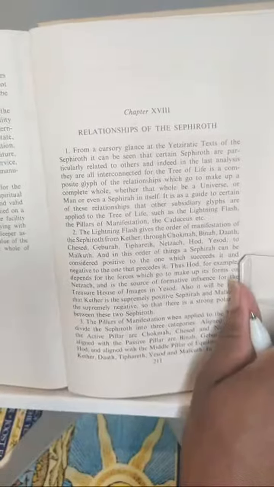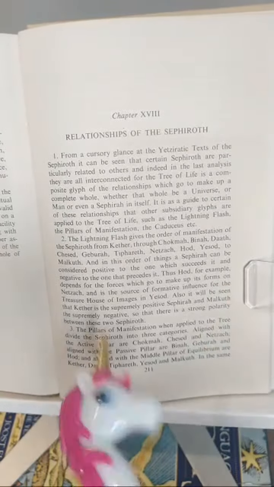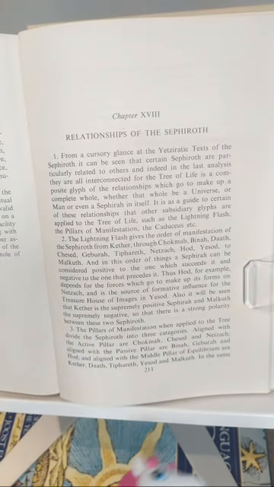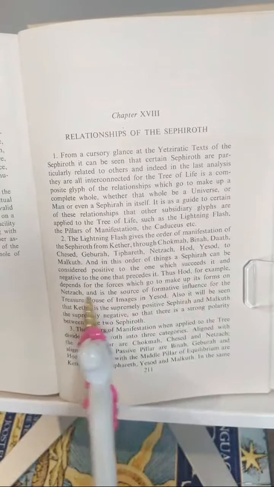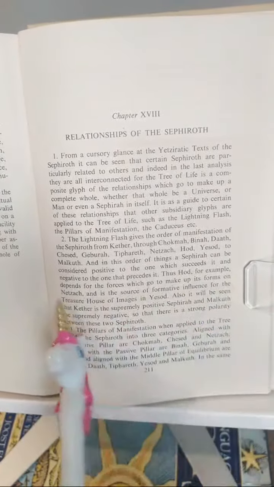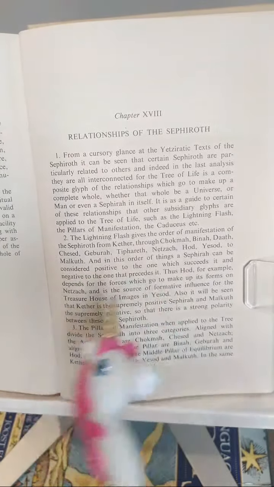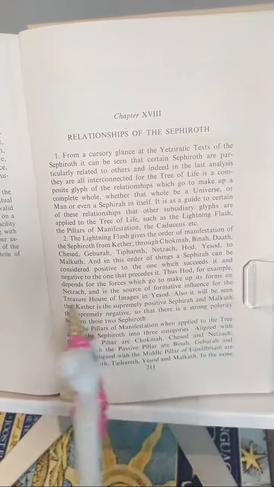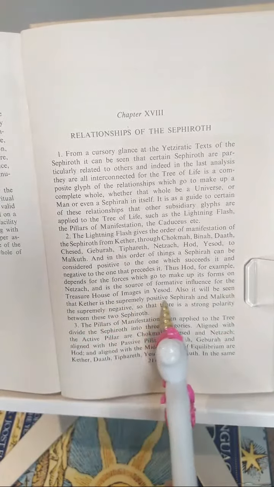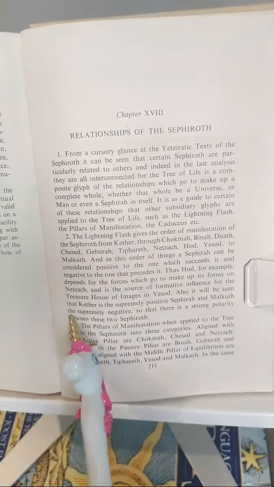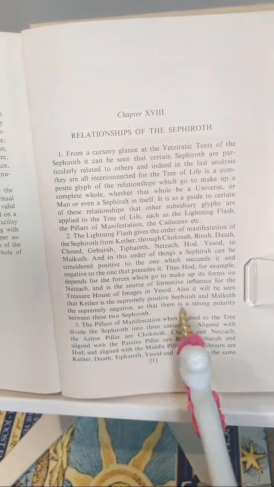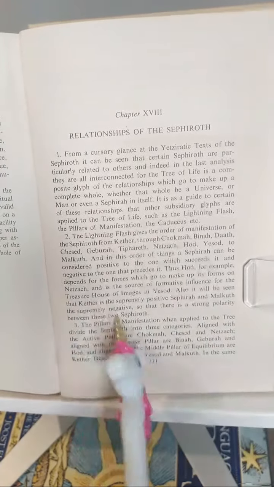Thus, Hod, for example, depends for the forces which go to make up its forms on Netzach. Hod depends on Netzach, and is the source of formative influences for the treasure house of images in Yesod. The Yesod depends on Hod. Also, it would be seen that Kether is the supremely positive Sephiroth and Malkuth is the supremely negative, so that there is a strong polarity between these two Sephiroth.